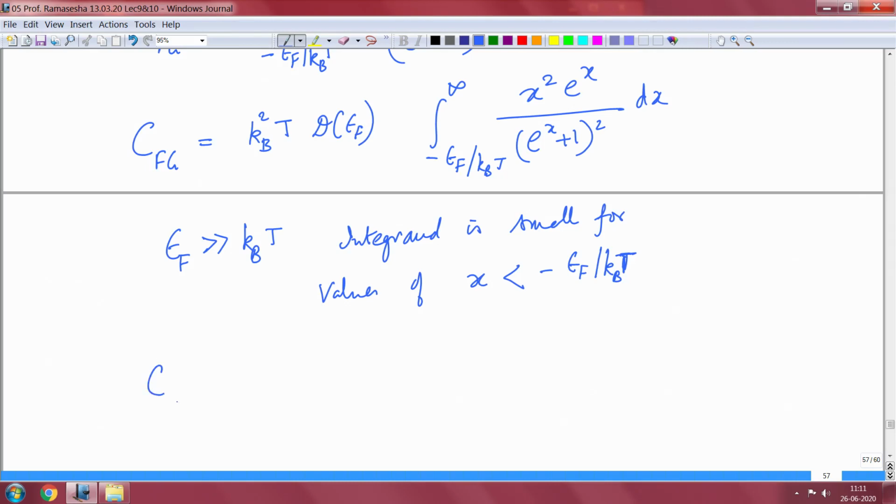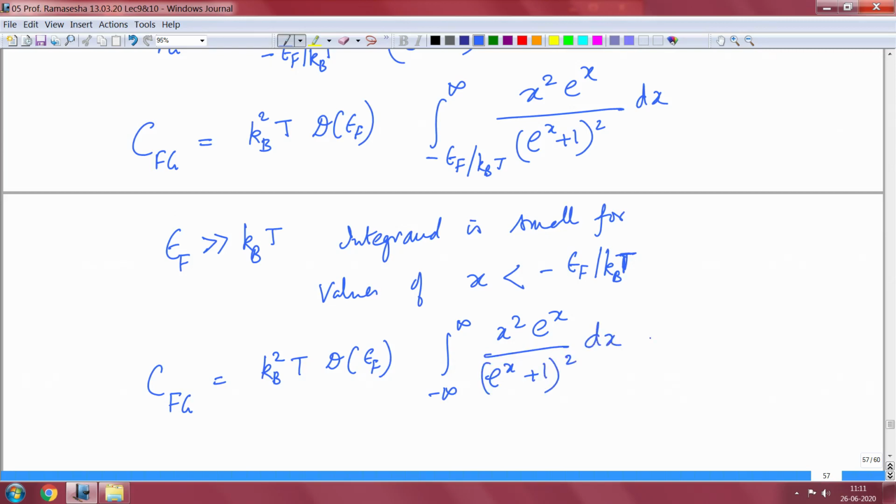So I will have C Fermi gas is equal to kB squared T times dEF times the integral from minus infinity to infinity of x squared e to the power x divided by e to the power x plus 1 the whole squared dx.